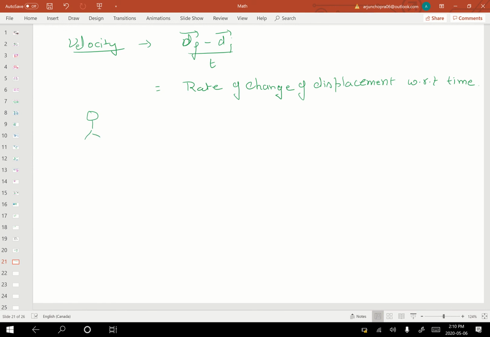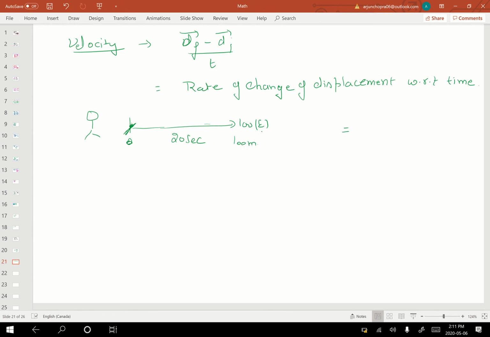So again, I'm going to take an example. If this person is standing here and he starts from this location and he covers 100 meters in east direction, and he takes 20 seconds to complete this journey, I wanted to find his velocity. So the initial point we'll consider as 0, and the final point is at a distance of 100 meters.